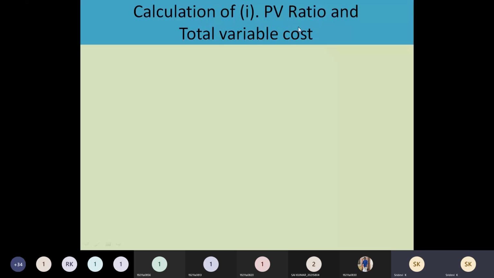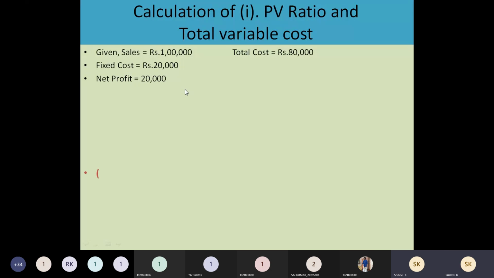You have to identify that from the given information first. So whatever information is given, you first note down: sales 1 lakh, total cost 80,000, fixed cost given as 20,000, and net profit given as 20,000. That information you have to note down first, even in the exam.